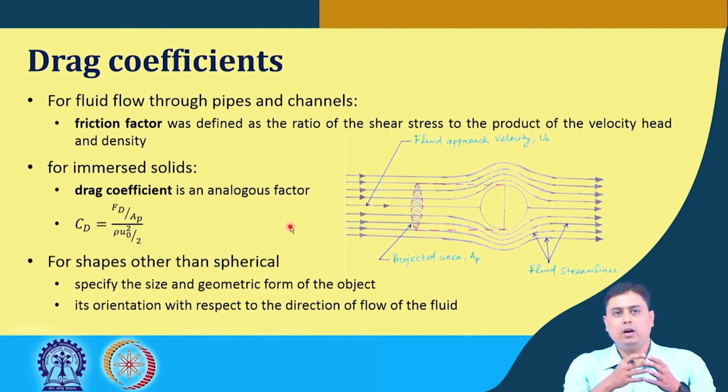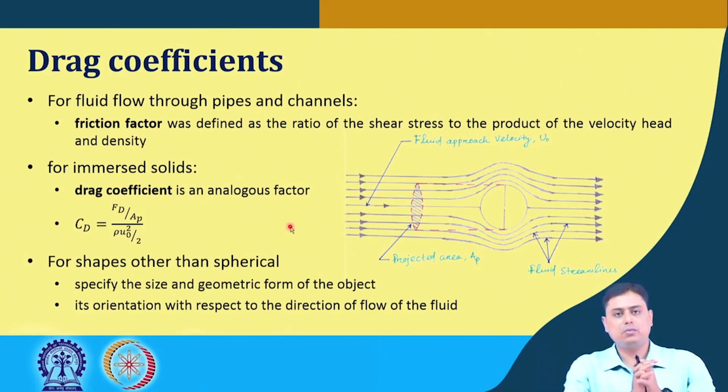So then the researchers have come up with a concept analogous to the friction factor called the drag coefficient for the immersed solid. So the conditions where there is a solid immersed in a pool of stagnant liquid, or let's say there is a stagnant solid and fluid is passing or moving over that solid particle.